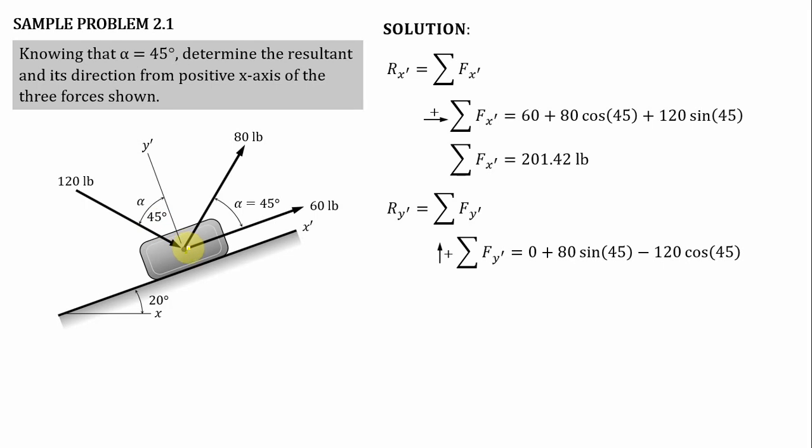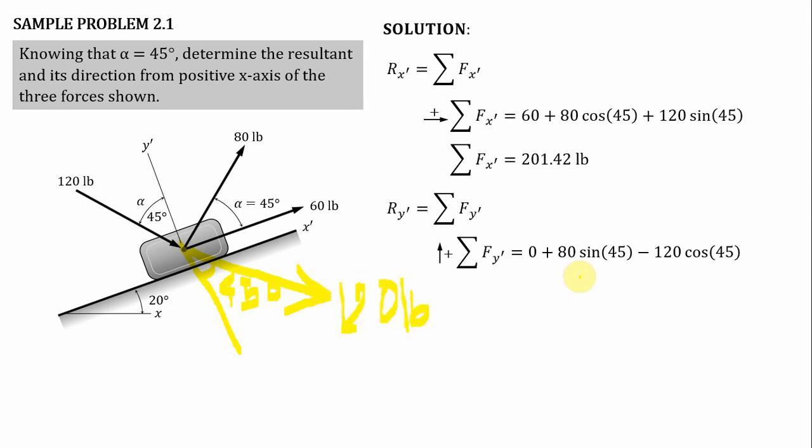Para hindi kayo malito, ito yung gawin ko, extend ko lang siya by the rule of transmissibility. And then ito yan. Kung 45 degrees ito, 45 degrees naman yan. Gets nyo? So ito yung 120 pounds natin.